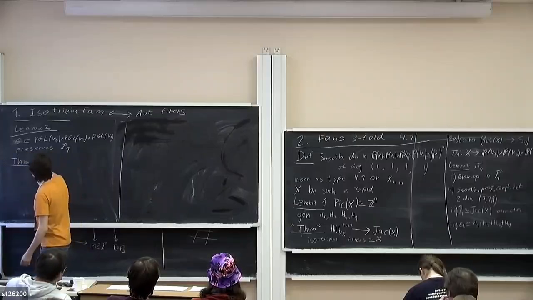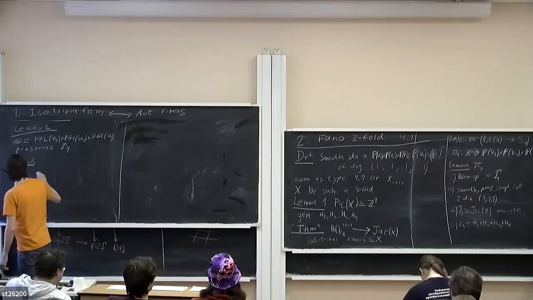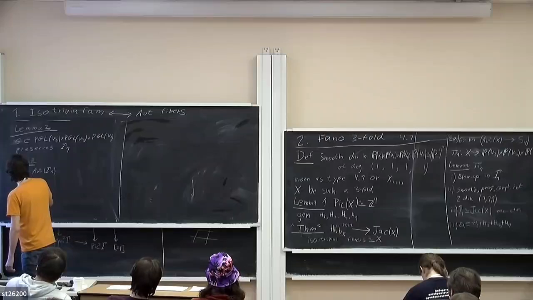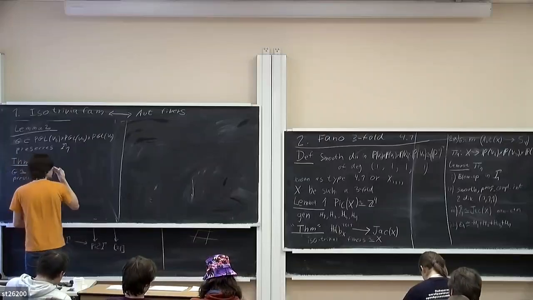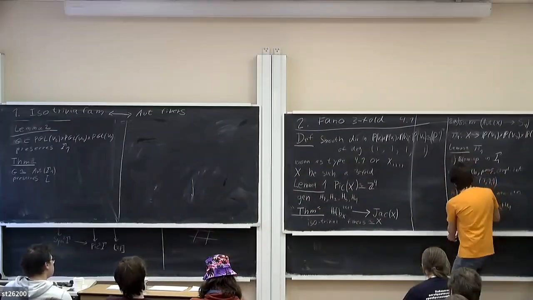So theorem 2. The group G is isomorphic to the group of automorphisms of the curve gamma 1 which preserves the divisor classes. These divisor classes are important; I forgot to talk about them.